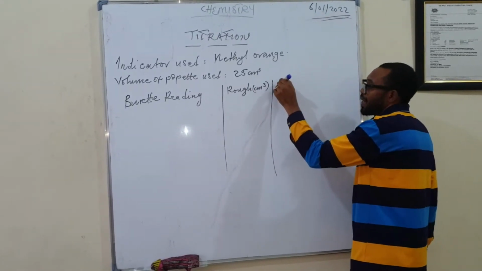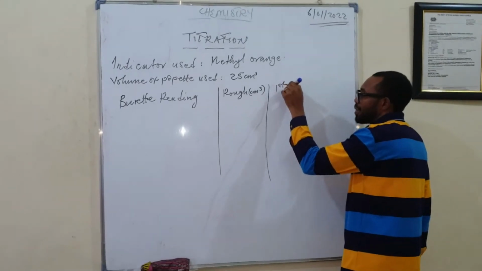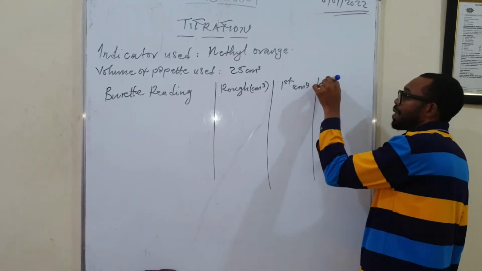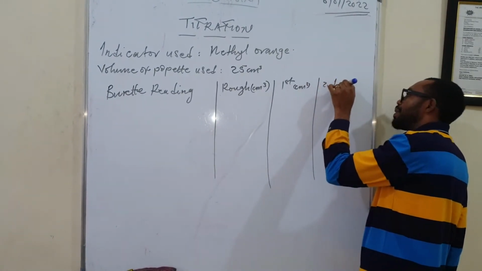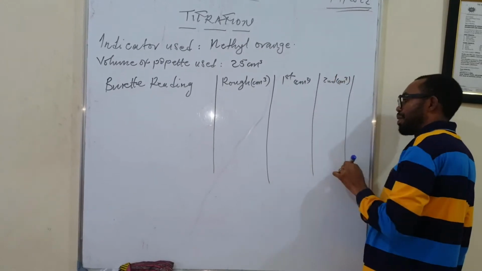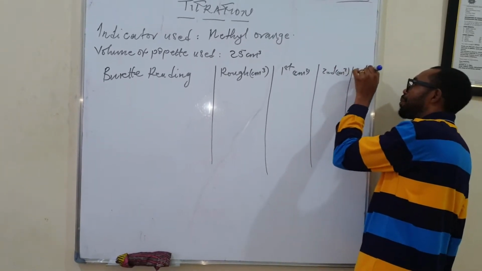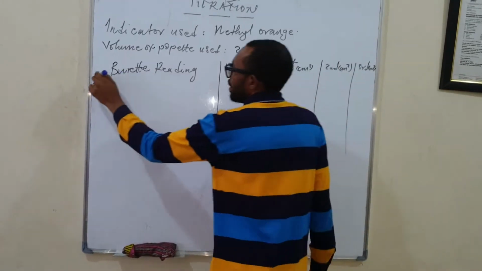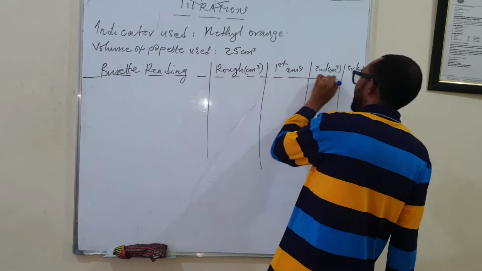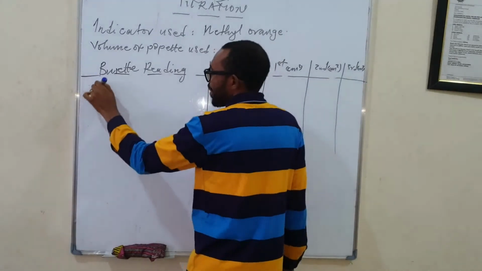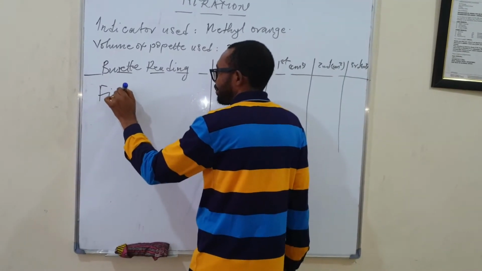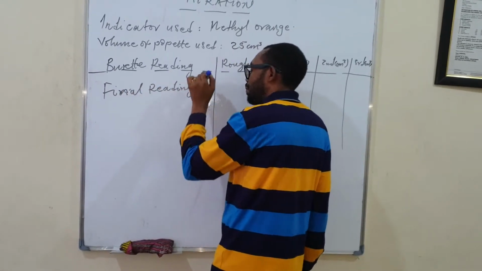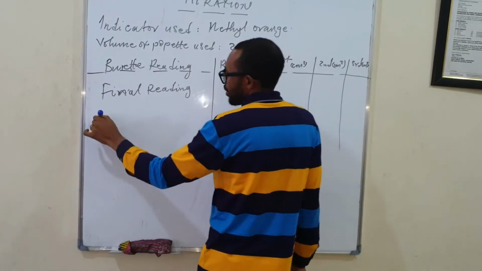Then you have the first titration in cm cube as well, then the second in cm cube, and if possible the third also in cm cube. And you rule your line. The next thing is you bring in the final reading before the initial reading.